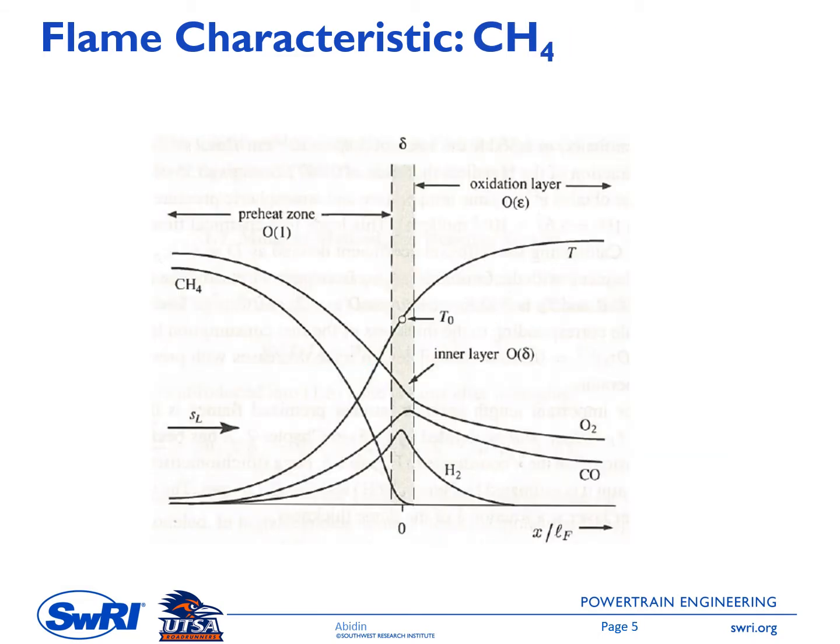This is an example of the flame characteristic for methane combustion. As you know, methane is the main species of natural gas, and natural gas is now a booming fuel because of its cheap price, as well as, with the technology now, the way we get CH4 or methane is cheaper as well.